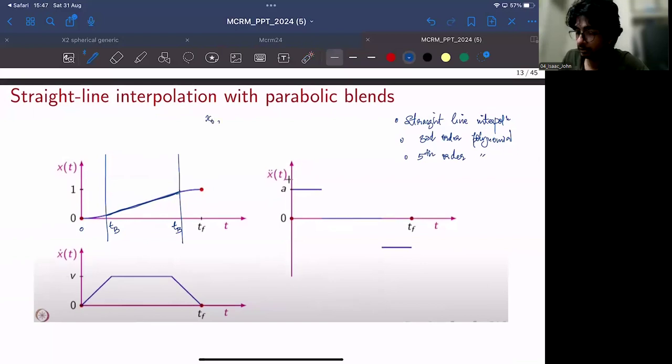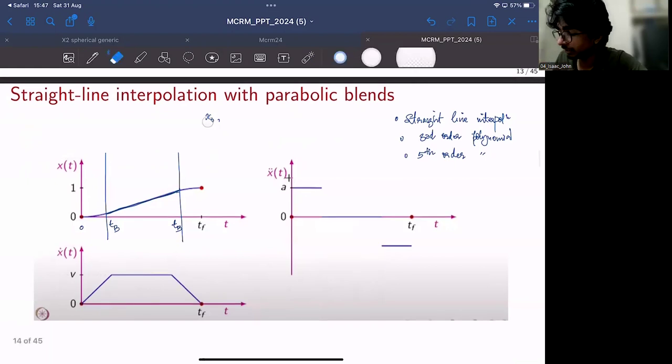Okay, so I've got a question. If you are driving a car, how do you get infinite acceleration, zero acceleration and parabolic blend acceleration in a practical situation? In your car, you won't get infinite acceleration at any point, because you yourselves are giving the input.